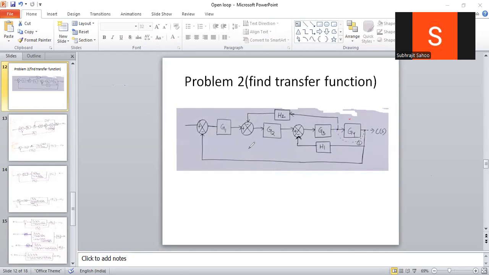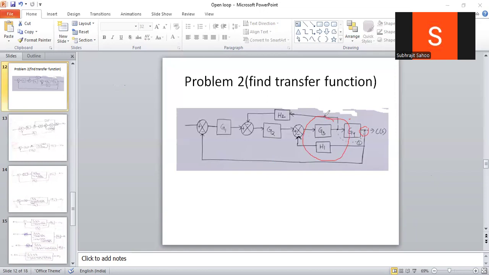See in this diagram, what I will do, I will move this branching point to left. In the previous case I moved left to right, but in this case I am going to move this branching point to left. If I move it to left, what will happen? Now this becomes a closed loop.